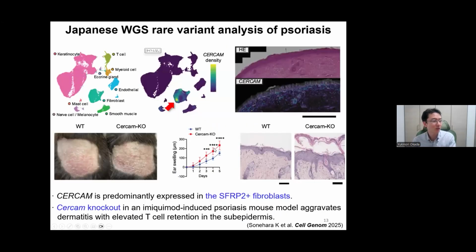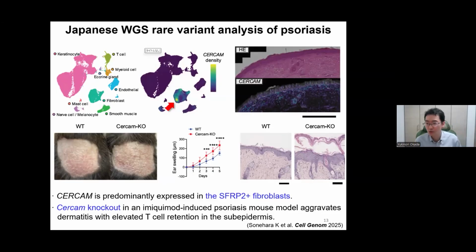So we constructed knockout mice of the gene, and it is specifically expressed in a specific type of skin fibroblast, the SFRP2 type fibroblast, and we confirmed the distribution using spatial transcriptomics. When we constructed knockout mice, we showed that the imiquimod-induced psoriasis mouse model aggravates dermatitis. It also led to T-cell adhesion and other effects. So yes, this gene truly causes psoriasis.